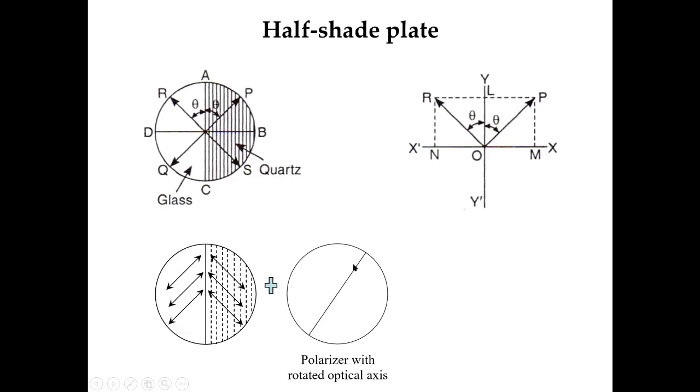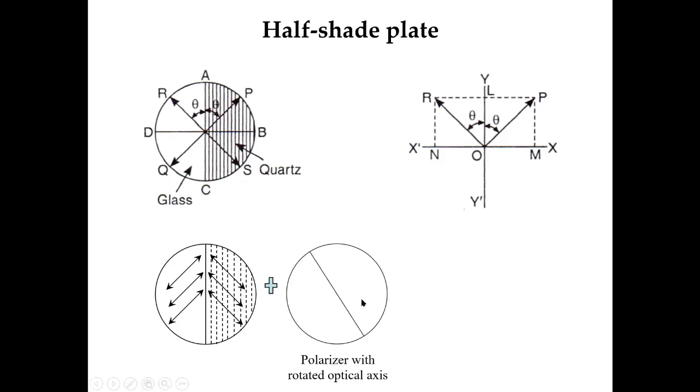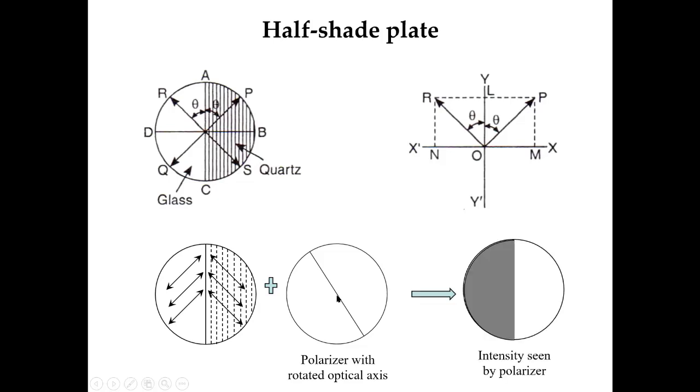So by the Malus law, it is clear that this part will appear dark and this part will appear brighter. And if this polarizer is rotated anti-clockwise, then the situation will be reversed. Therefore, depending upon direction of optic axis of the polarizer, any one half part of this half-shade plate can appear dark, and that's why this plate is known as half-shade plate.